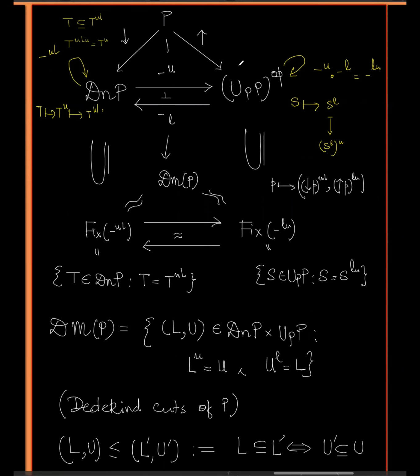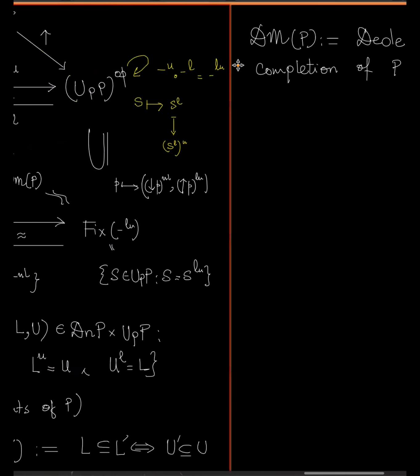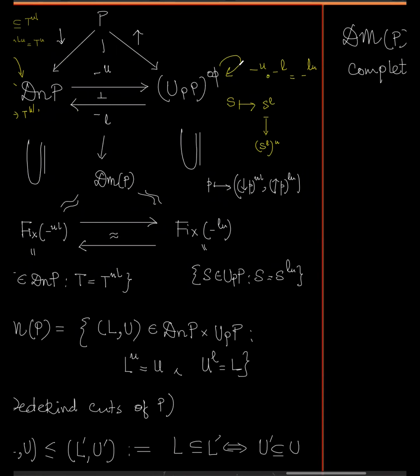The upshot of this development is that every poset can be embedded inside a complete lattice, in such a way that whenever you have any other map which preserves suprema or infima, then you can extend that completion.